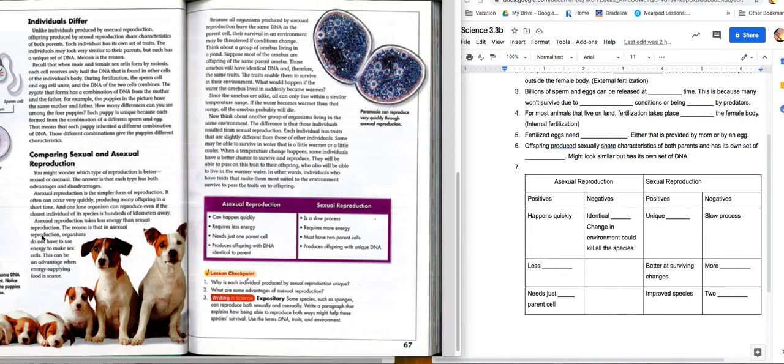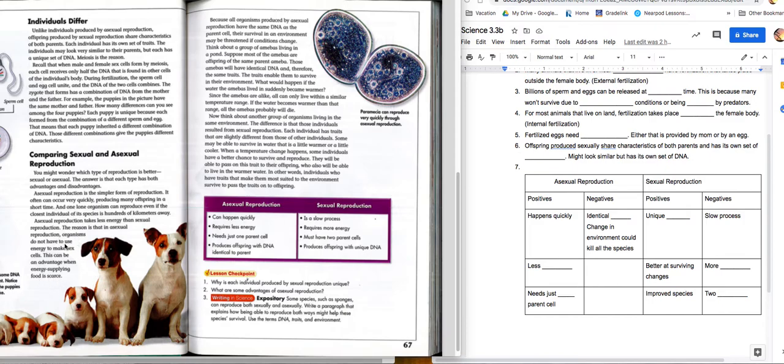Okay? Asexual reproduction takes less energy than sexual reproduction. The reason is that in asexual reproduction, organisms do not have to use energy to make sex cells. They're not taking energy to split apart, guys. If they split apart, that's a whole new offspring. This can be an advantage when energy supplying food is scarce.